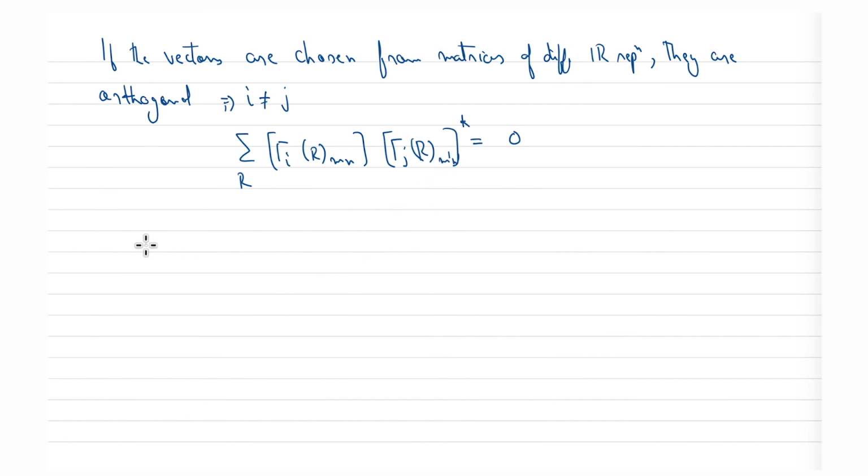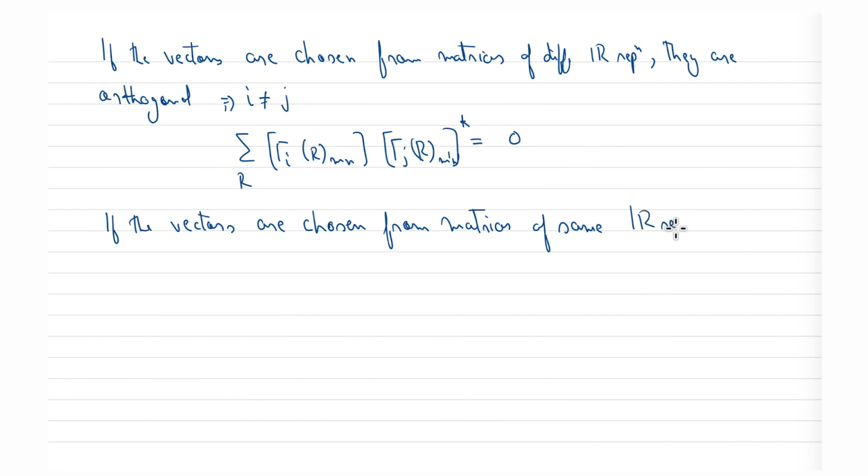Now let's say the vectors are chosen from matrices of the same irreducible representation. They are still orthogonal. So in this case, we are talking about m not equal to m prime, n not equal to n prime.